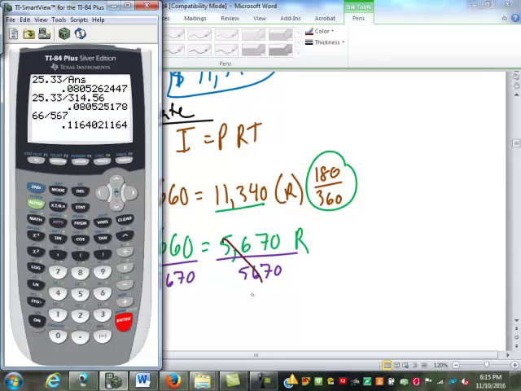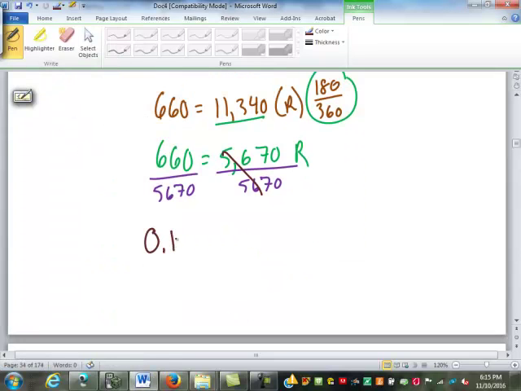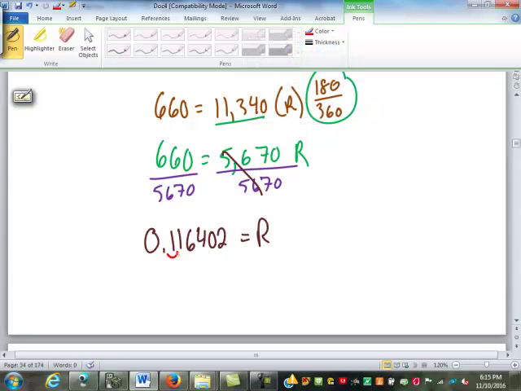That gives us 0.116402. That is my rate, which, if I move my decimal point, is 11.6402%.